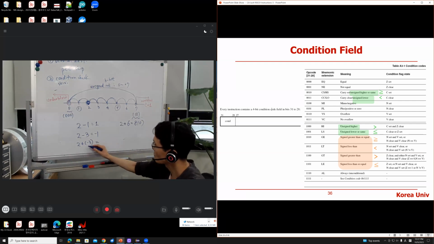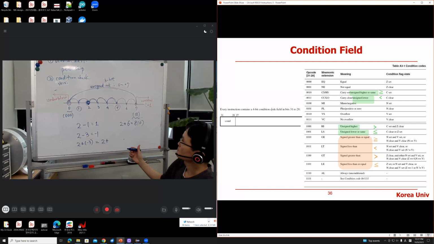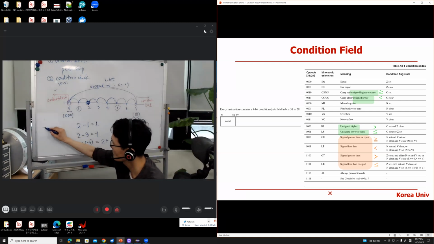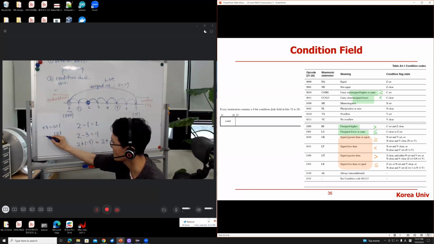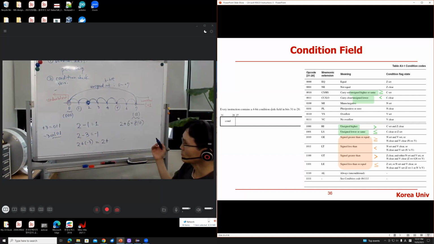So 2 minus 3 is actually 2 plus minus 3. What is minus 3? Starting from plus 3, 0, 1, 1, flip all the bits, 1, 0, 0, and add 1. So that is minus 3, which is 5 actually.